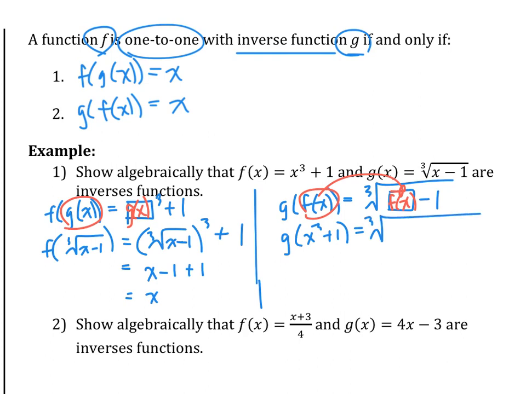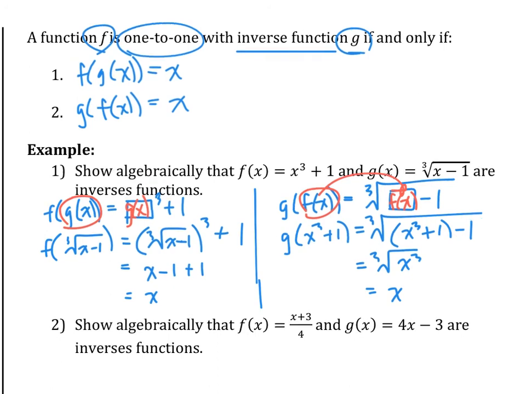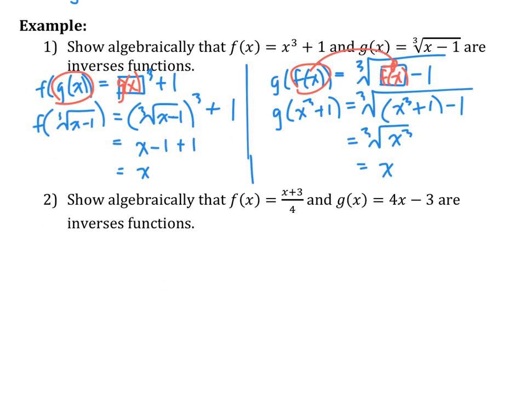And then in that original box, we're going to put x cubed plus 1. All right, let's solve this. x cubed plus 1 minus 1 means that 1 is going to cancel, so we have the cube root of x cubed, which is x. So that does work. That tells me f and g are inverses of each other, and they're both functions.